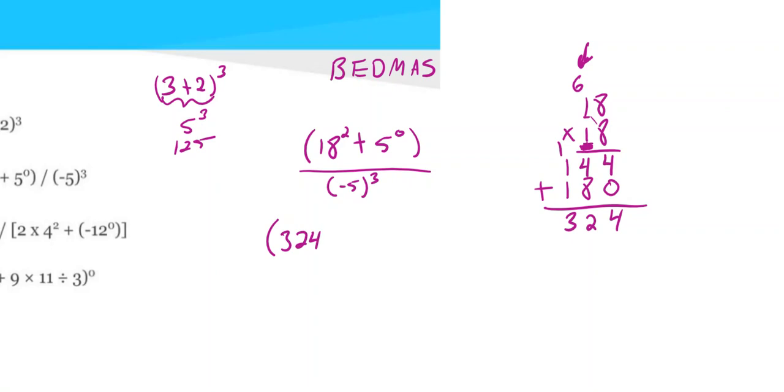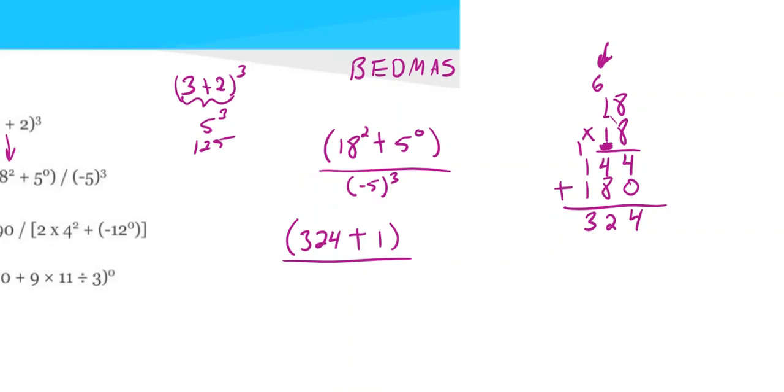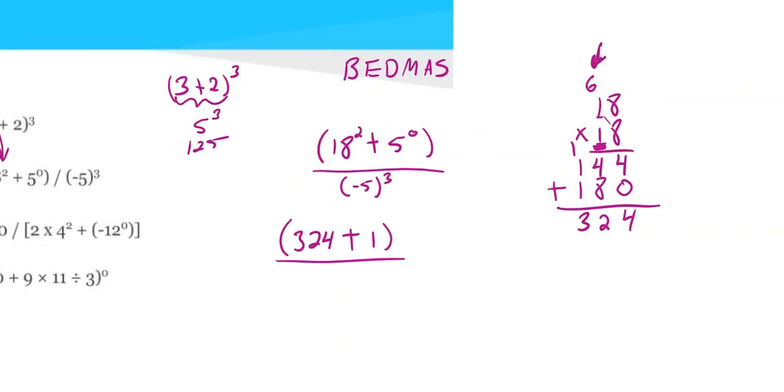So 324 plus 1 is 325. I'm going to write that over, and then let's figure out what this one is. Negative 5 to the power of 3, in brackets. What's that going to be? Negative 125.